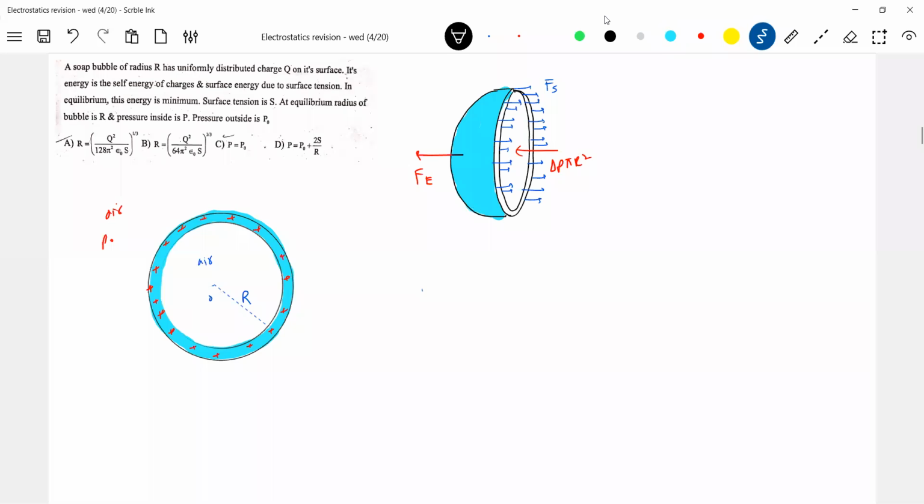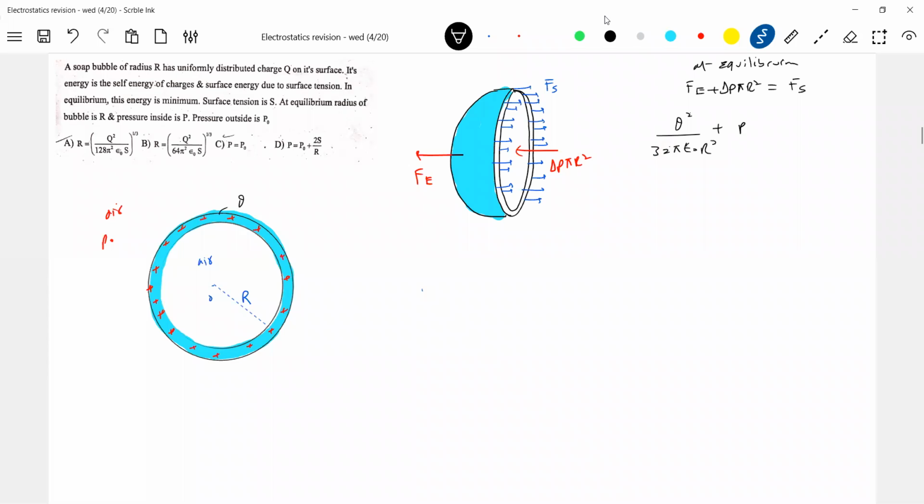So first you write one equation. Here Fe plus delta P pi r square, effective area pi r square, should be equal to force due to surface tension at equilibrium. So what is Fe? Force exerted by one half on the other half. Q square. Total charge is Q, no? I suggest you directly remember that formula. I derived it in notes. Check it once. This is Fe.